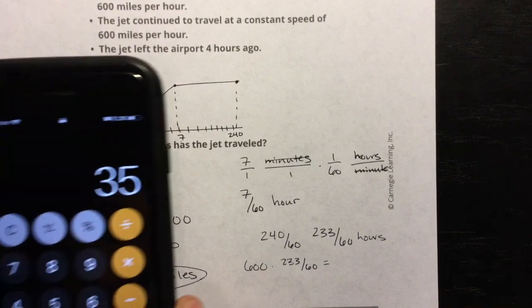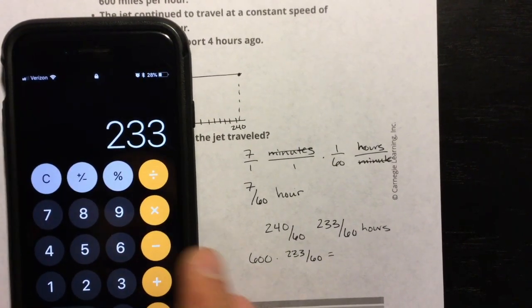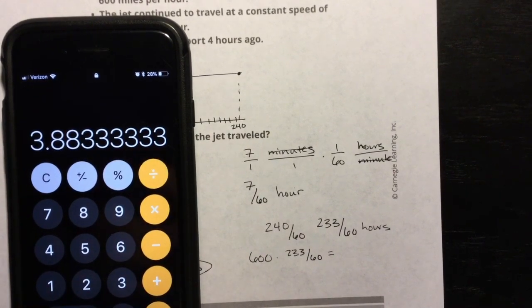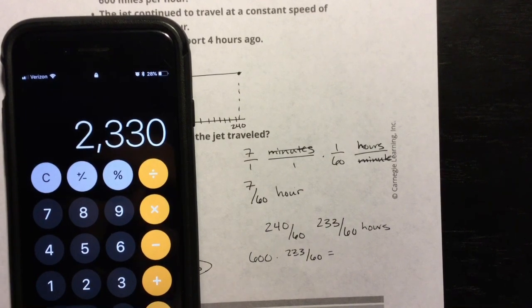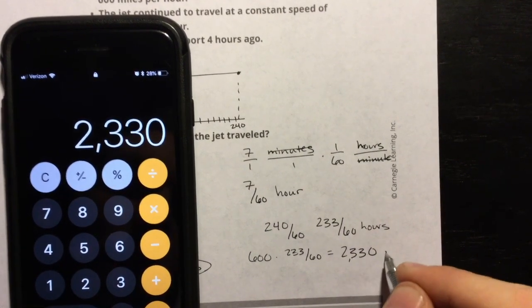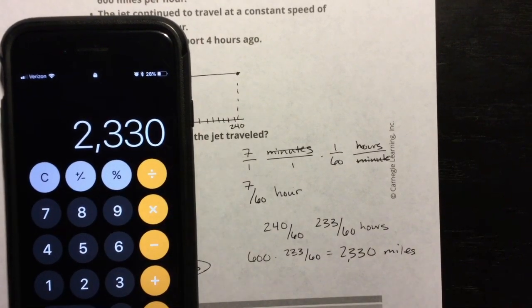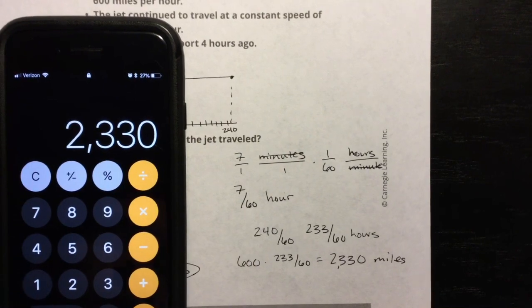So 233 divided by 60, I get this gross decimal here, but I still need to multiply it by 600. That gives me 2,330 miles.